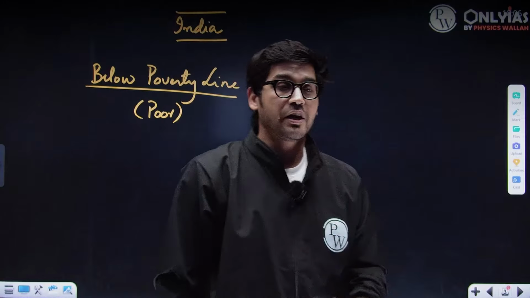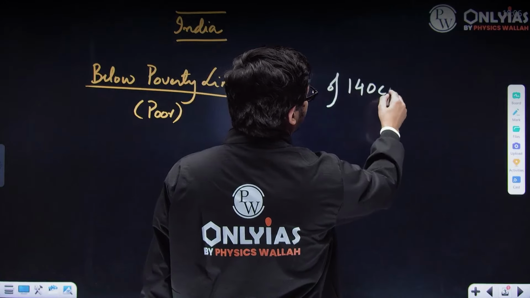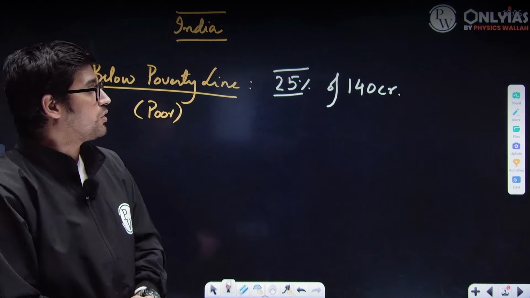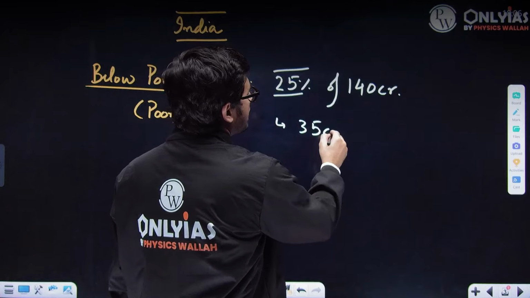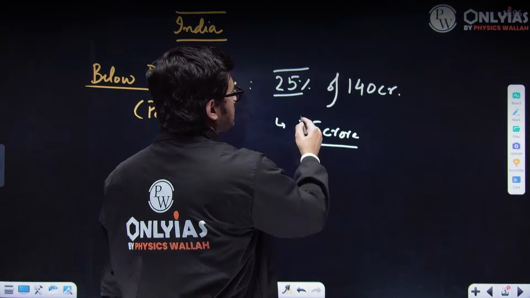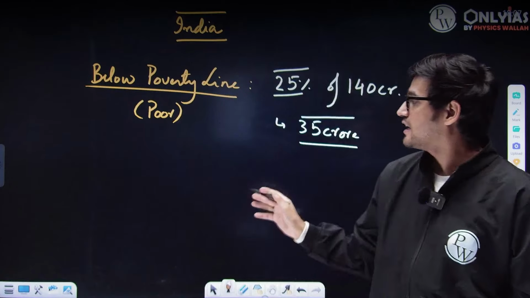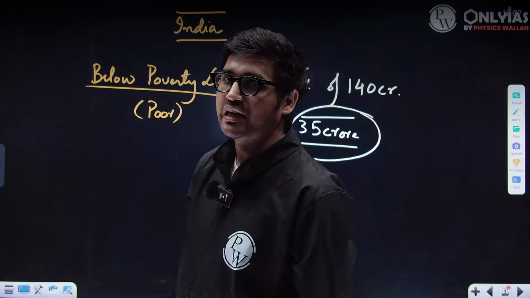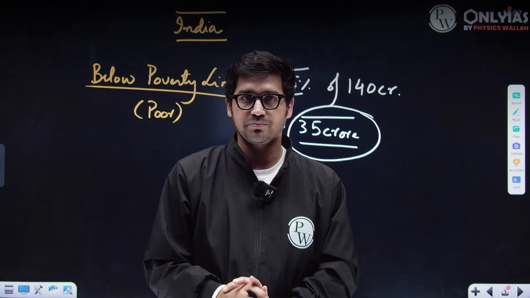Now, India's population is about 140 crore people. 25% of 140 crore people will be closer to around 35 crore people. Let us just assume, for the sake of simplicity, that in India, 35 crore people live below the poverty line, which is those people who we officially consider to be poor.